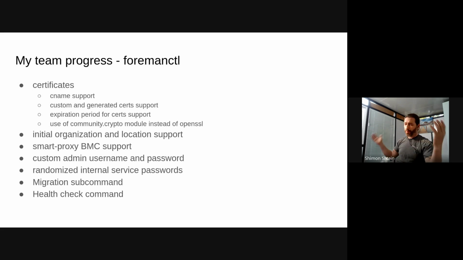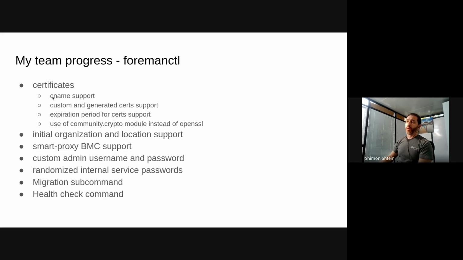It's part of the bigger containerization effort, and Forman Control is just the tool that will deploy everything on the machine. So the team worked quite a lot on the certificates part of that deployment process.